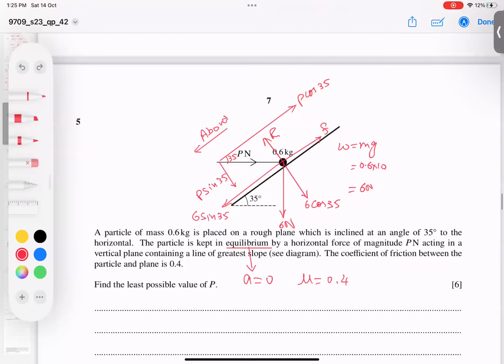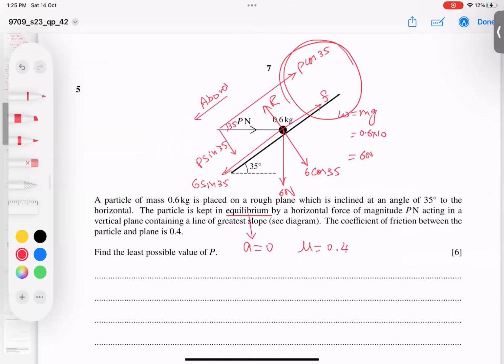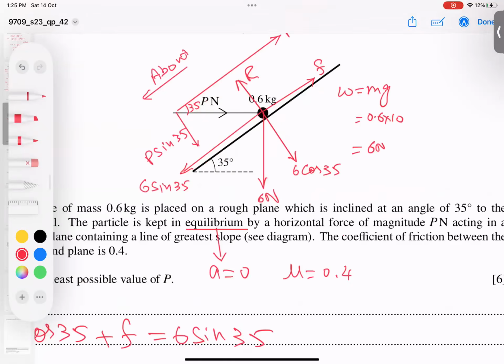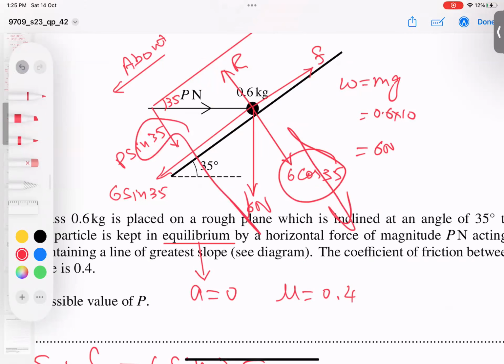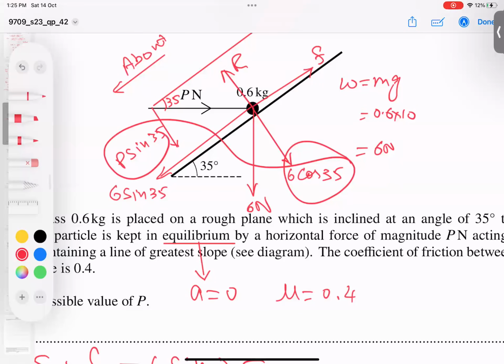So I'm writing one equation. These two upwards and this acting downwards. So I'm writing here P cos 35 plus friction equal to 6 sine 35. Done. Second equation: this is acting perpendicular to the surface, upwards. This is acting downwards and this also acting downwards, so these two forces you have to add.